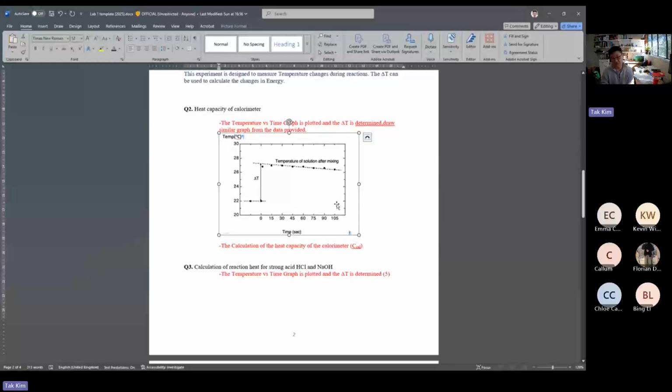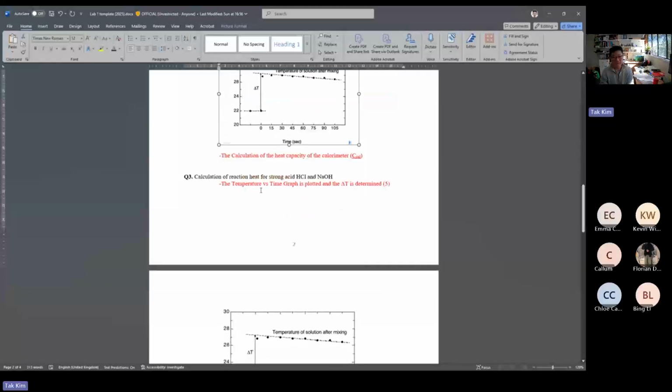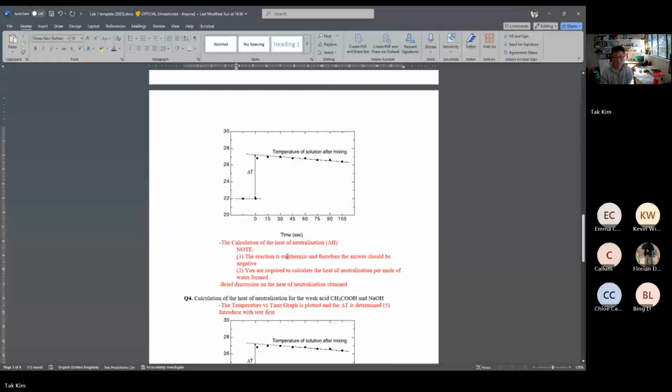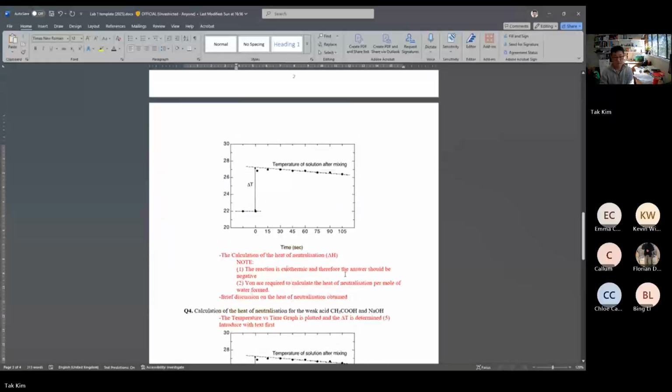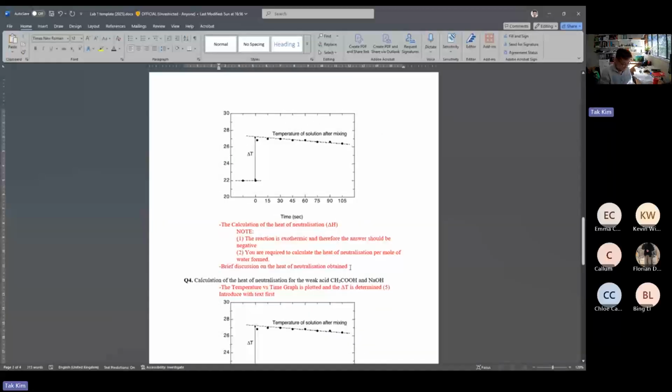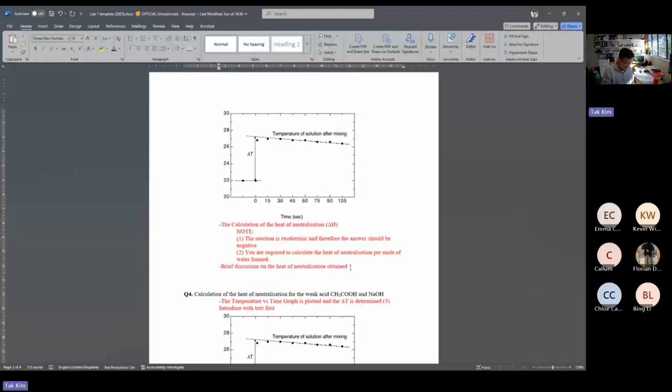But make sure you delete the example graph and put your graph in. And do you have any equation like delta H equals Q over n in your lab book?